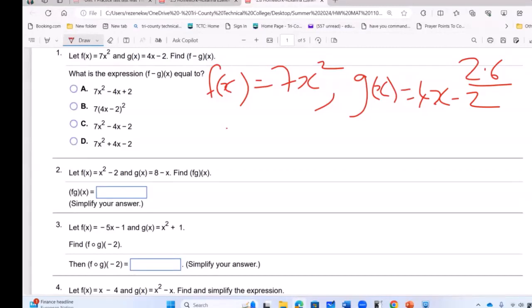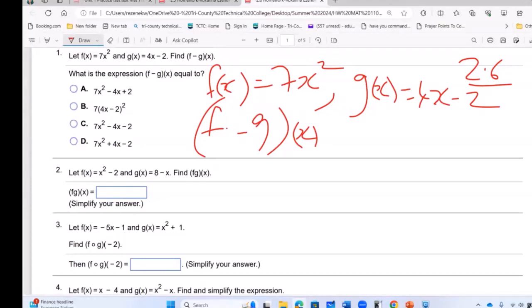And then I'm told to find f minus g of x. Oh, well, here I'm not actually given a number, so it'll be difficult for me to use a calculator to do it.